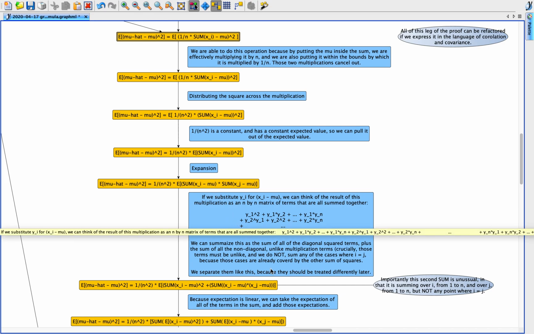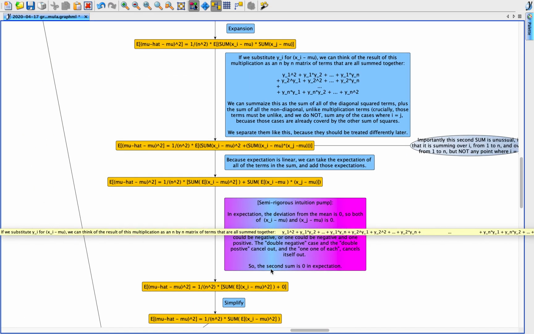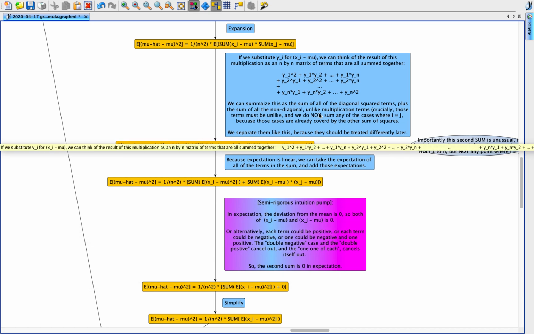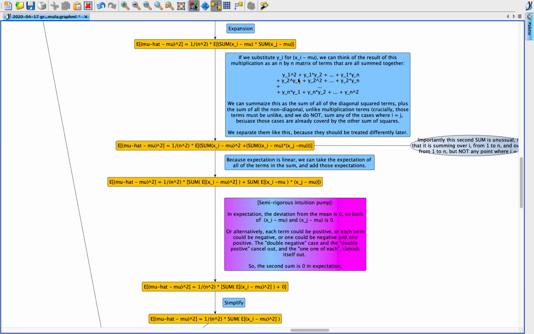Okay, and so here's some of the tricky part, which I actually laid out in a different video with the whiteboard. So if we substitute yi for xi minus mu, so we're taking those two terms and combining them into a single term, just because that makes it easier to think about.